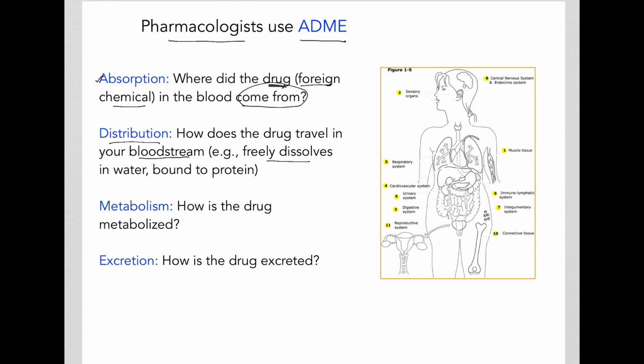Does it freely dissolve in the water of the blood, or does it require a protein to bind to the drug so that it can travel in your bloodstream? That's called distribution. And then metabolism, how is the drug metabolized? And finally excretion, how is the drug excreted? So this ADME is a very important concept for pharmacologists.